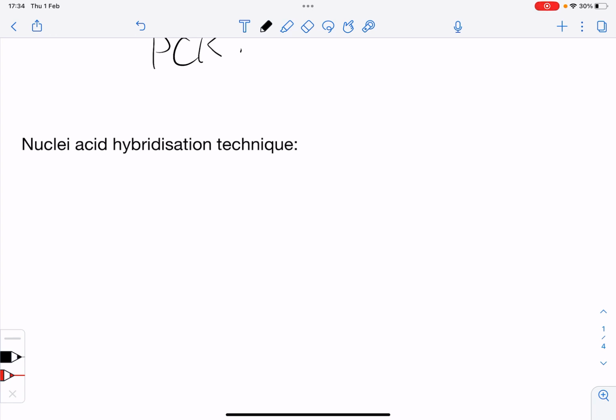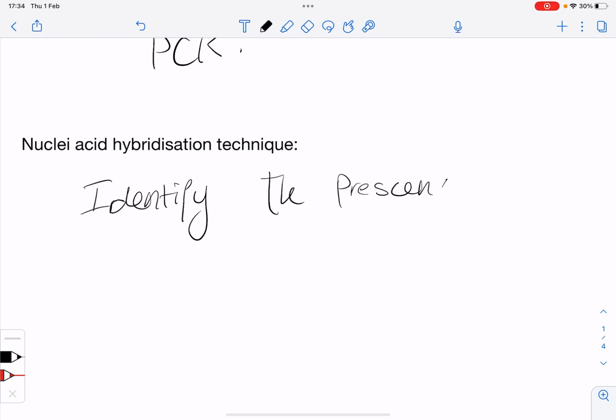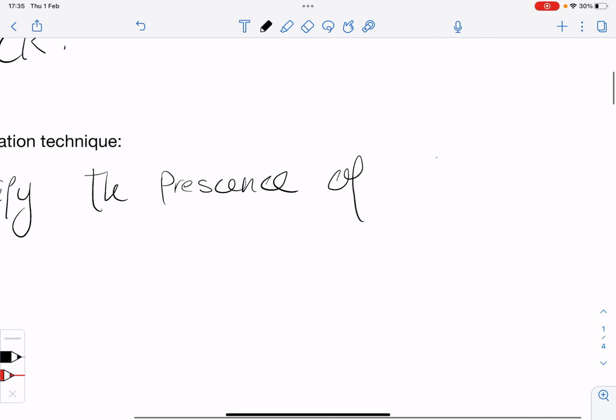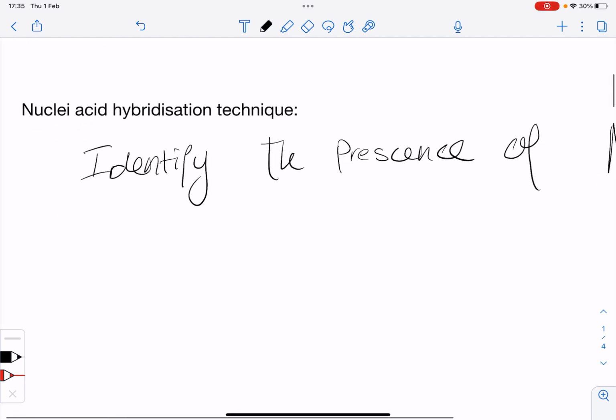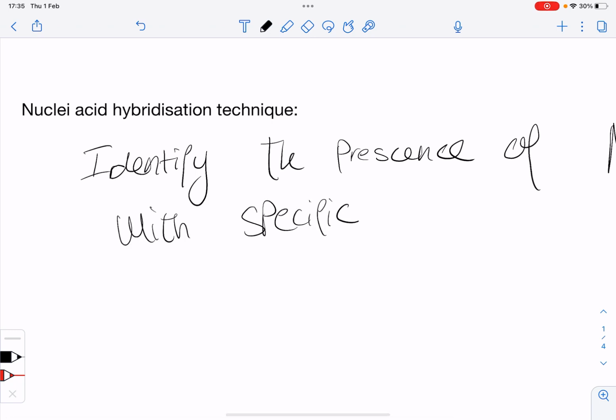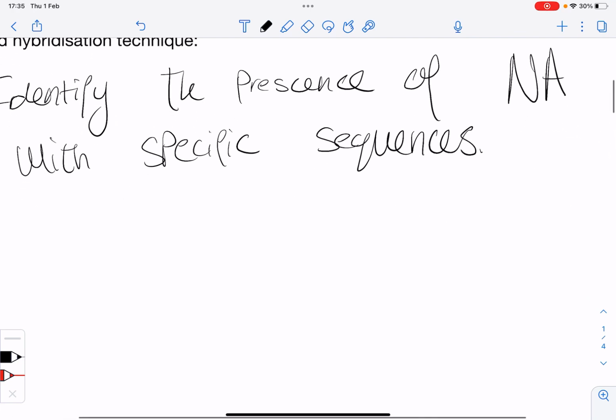So, to break this down for you, nucleic acid hybridization techniques are useful to identify the presence of nucleic acids, NA, with specific sequences.